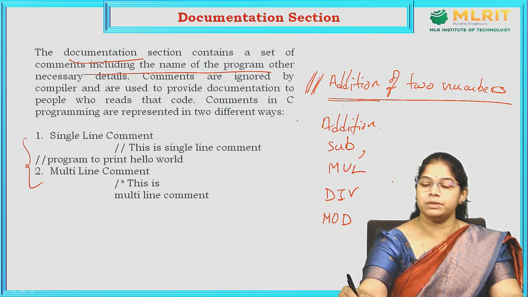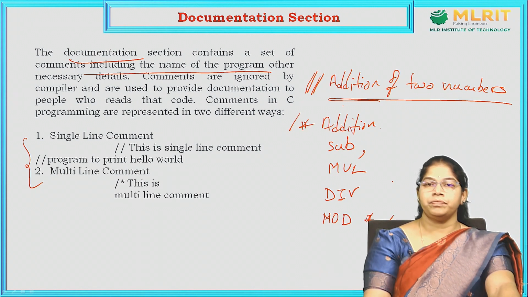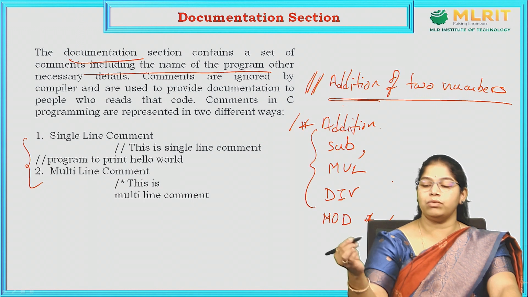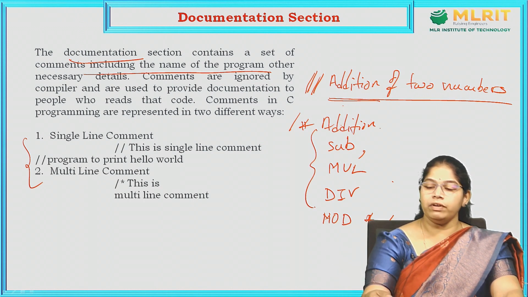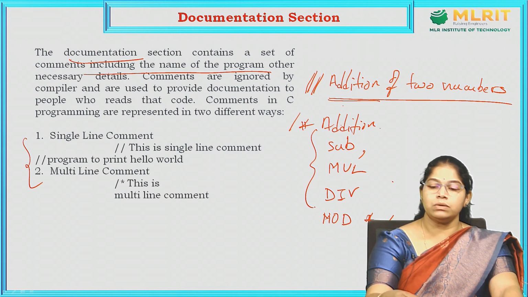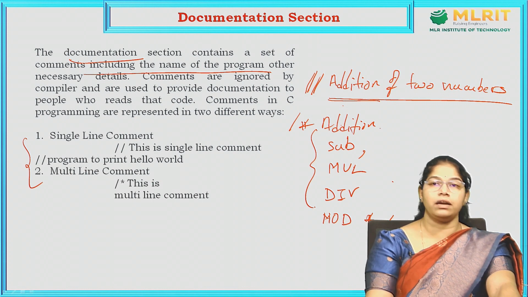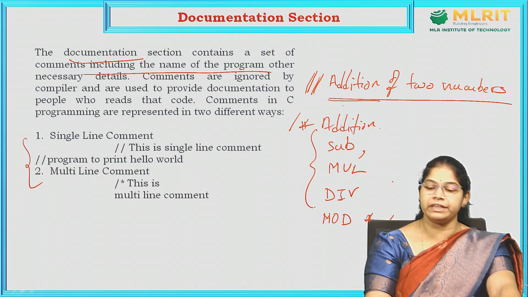A multi-line comment is represented with slash star and then star slash. These are the lines ignored by the compiler. We use them so that if some other person wants to check our code, that person can understand what the code is exactly about. Whatever lines we include in the documentation section are ignored by the compiler. The compiler won't read these lines.